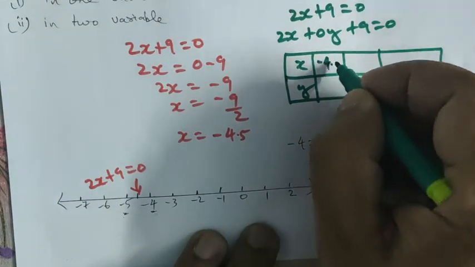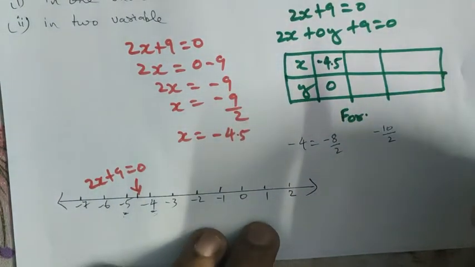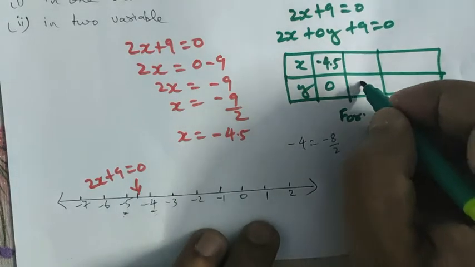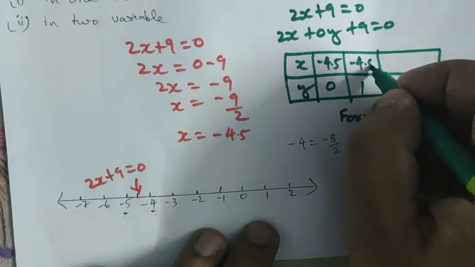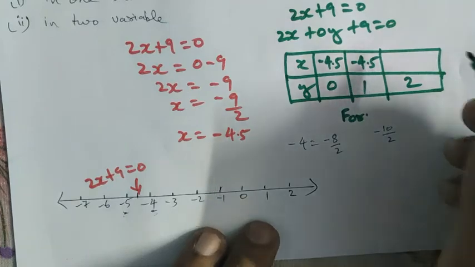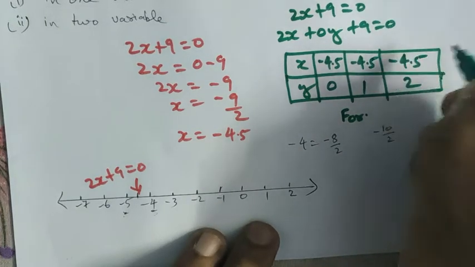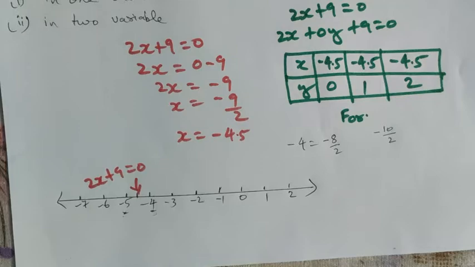So for y equals 0, x will be minus 4.5. For y equals 1, x will be minus 4.5. For y equals 2, x will be minus 4.5. Now let's see how to plot it on the graph.